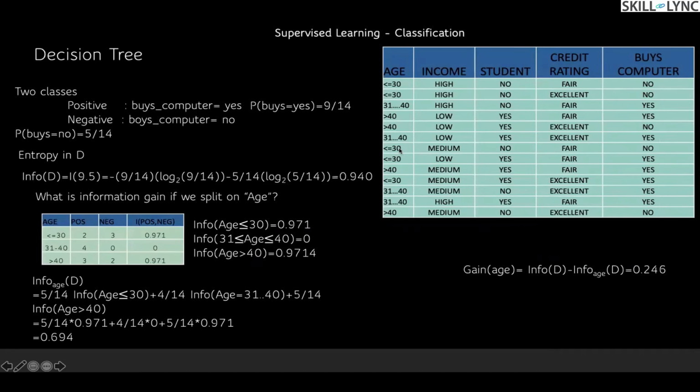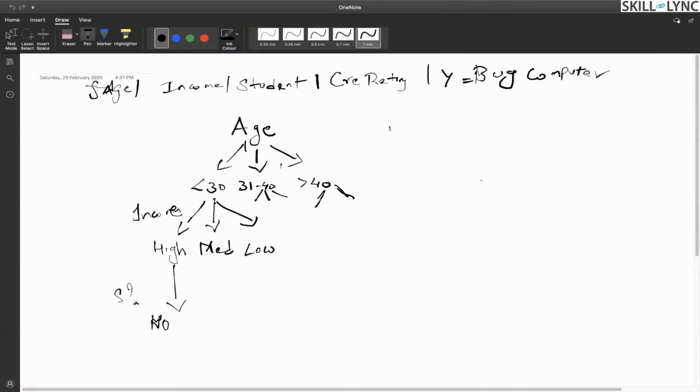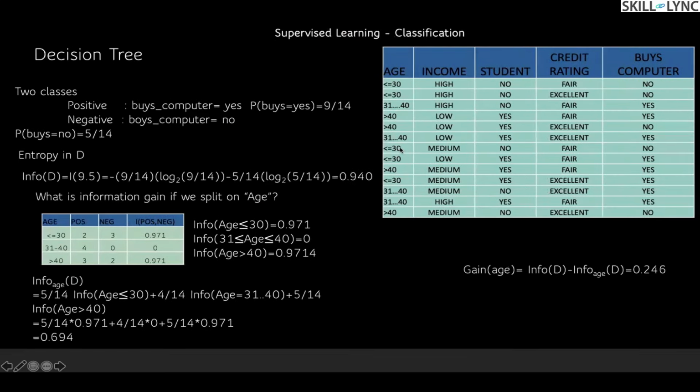With less than or equal to 30 with medium, it can have either no or yes, both, right? It can have no, it can also have yes. With less than or equal to 30 with income low, it has only yes.